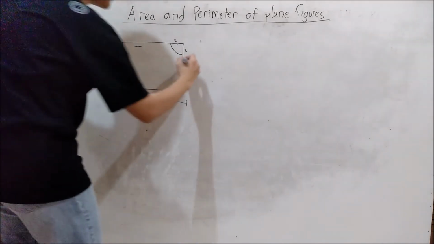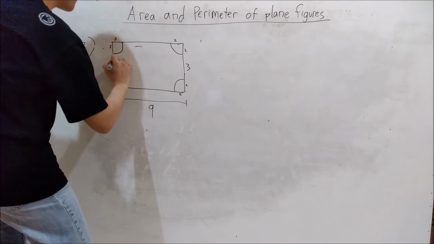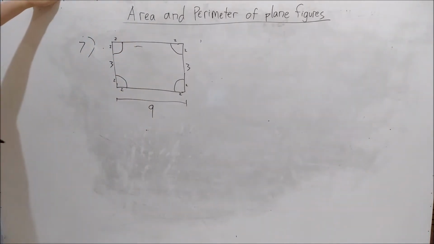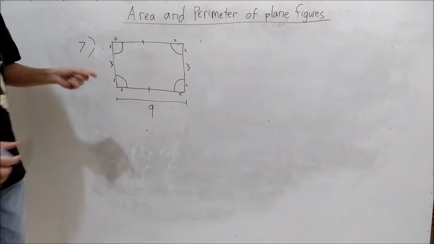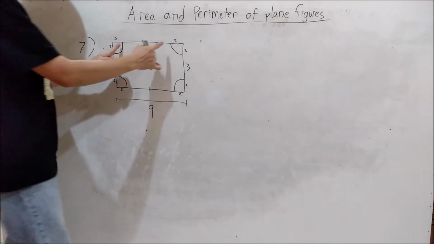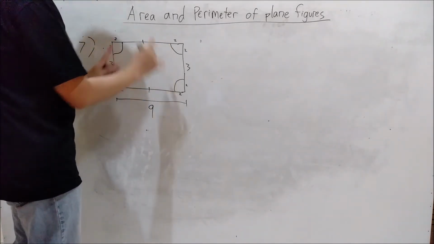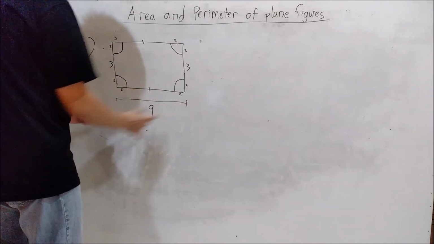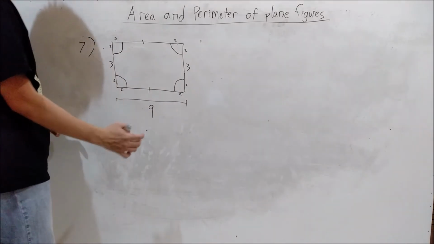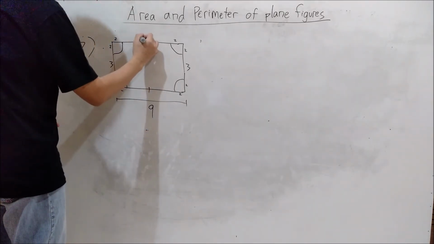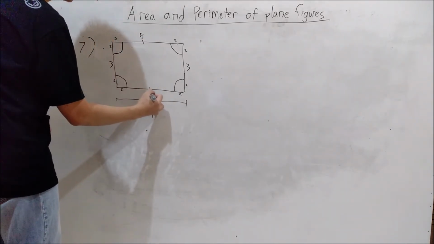Then we know that this side is 3 and 3. Obviously you can count the length of the rectangle because all the way is 9, but I take away 2 and 2 for the quadrants, so it leaves me 5 in the middle here and 5 in the middle here, okay?